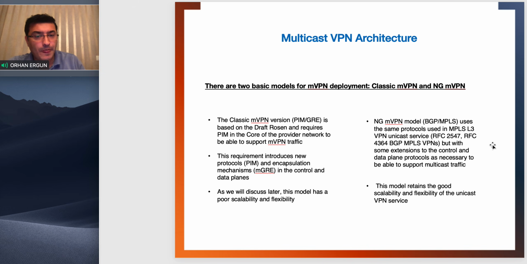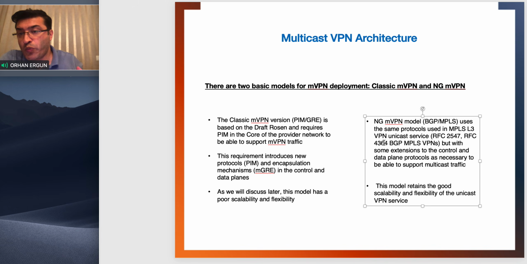more and more. So NG MVPN model, next generation MVPN is called, by the way. NG MVPN, many resources basically mention it in this way. It uses the same protocols used in the MPLS L3 VPN unicast service, RFC 2547, 4364, the updated one. So BGP and MPLS protocols. What do we mean by MPLS protocols?